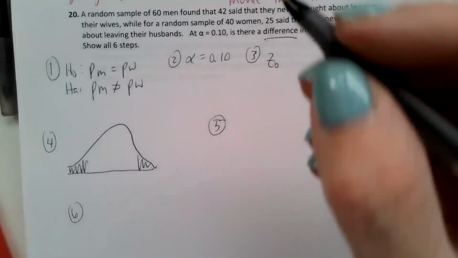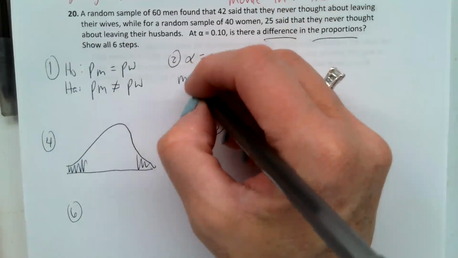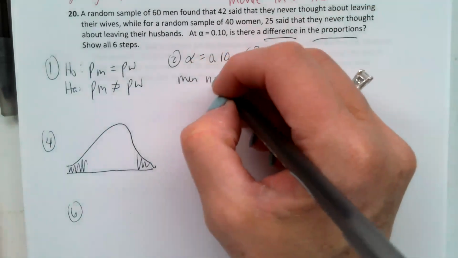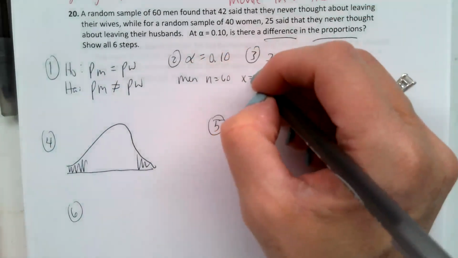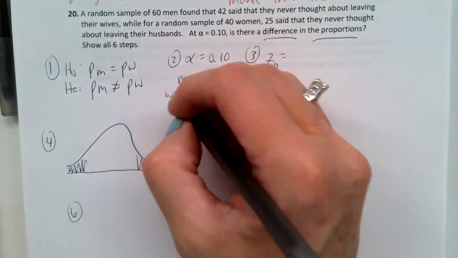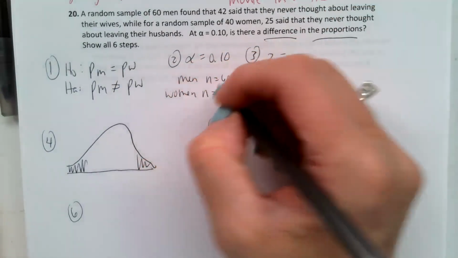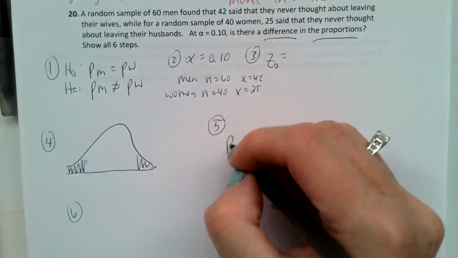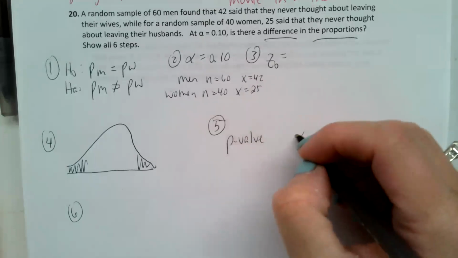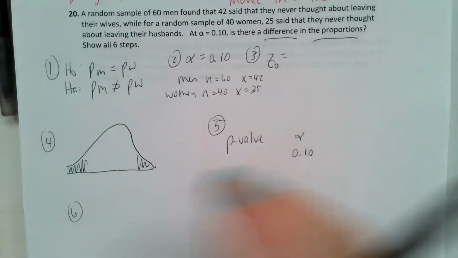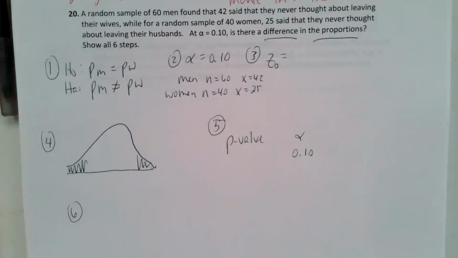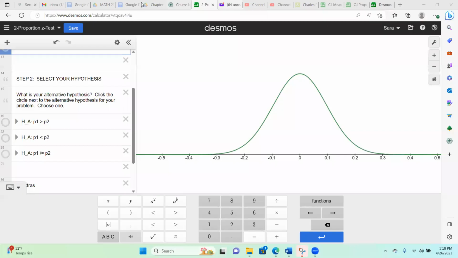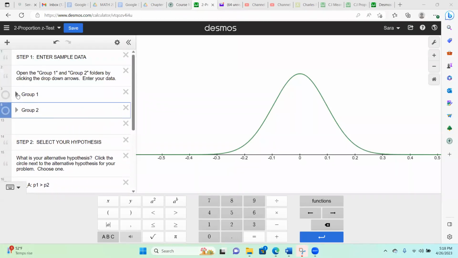Our information we're going to be putting in is, for men, the N was 60 and the X was 42. And for women, the N was 40 and the X was 25. Let's go ahead and put that in to our program. We are at the two proportion test, and I'm going back up and changing that.